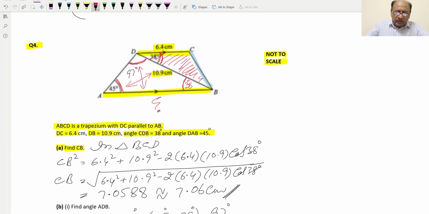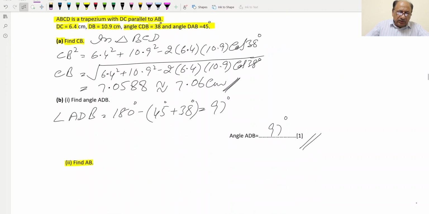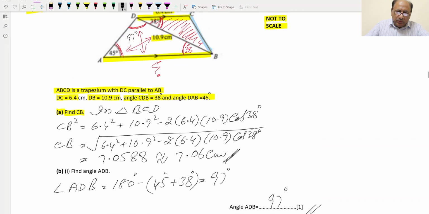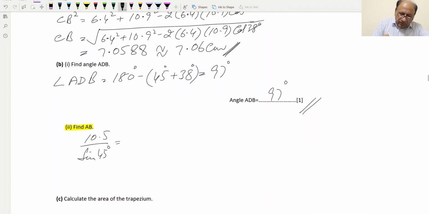So 10.9 over sine 45 is equal to AB over sine of 97 degrees.